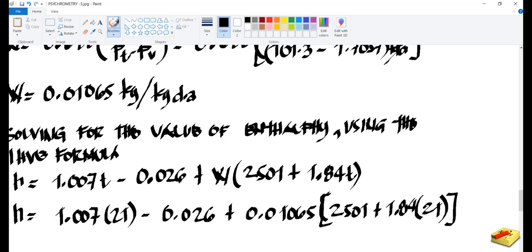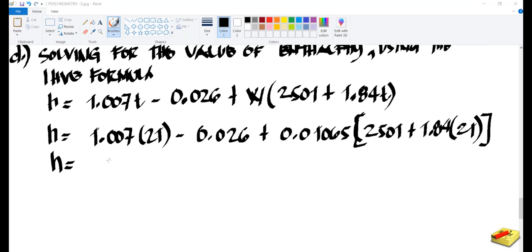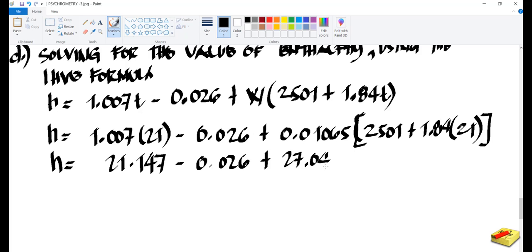Then finally we have the value of your enthalpy. So we have this one, this is 21.147 minus 0.026, then plus, okay, dun sa loob, we have here 27.047. So finally we have the enthalpy of 48.168. Okay, so that will be kilojoule per kilogram dry air.